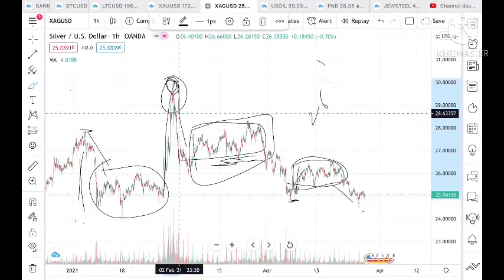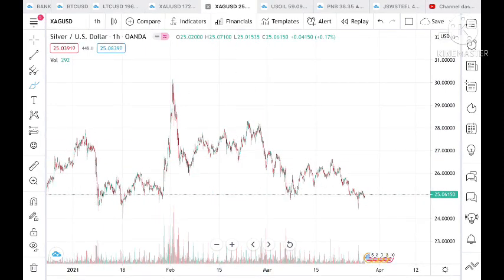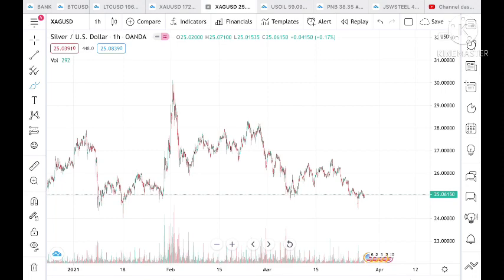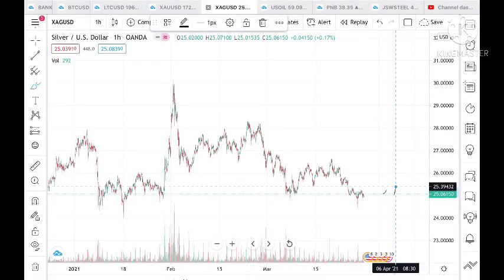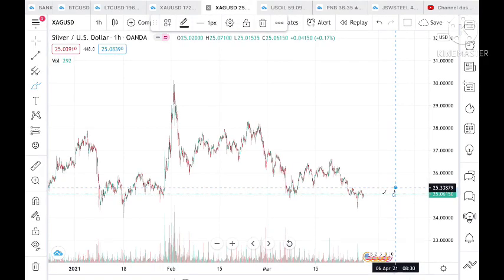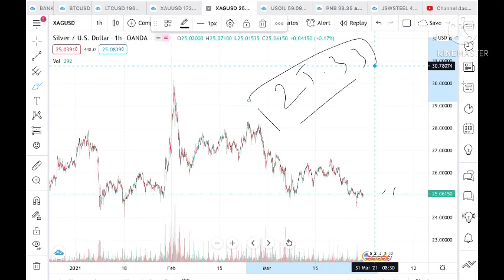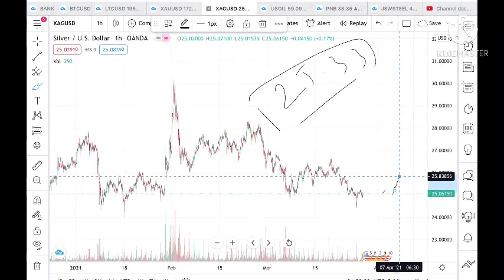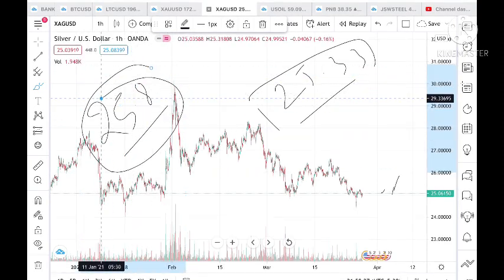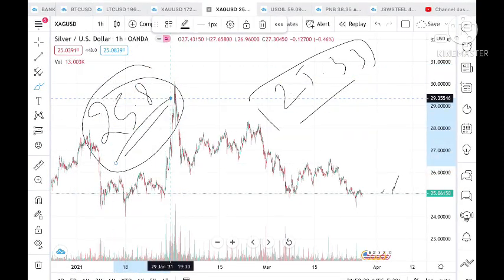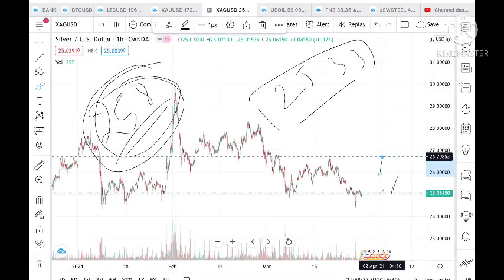Now suppose the price of silver moves above 25.33 and stays above that, then the next resistance we can see is around 25.8, the next target. If it stays above this, it can touch a level of 26.37.